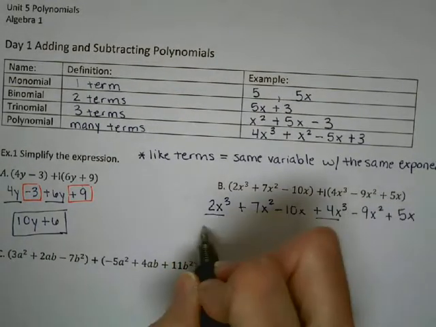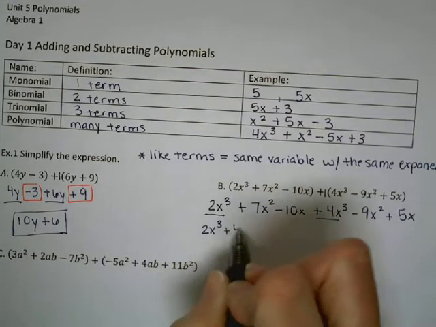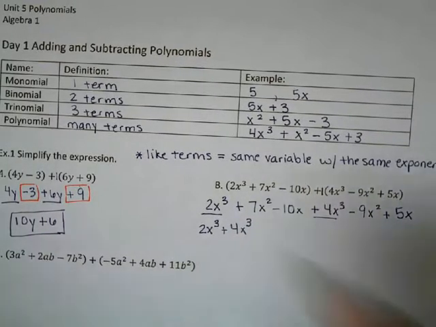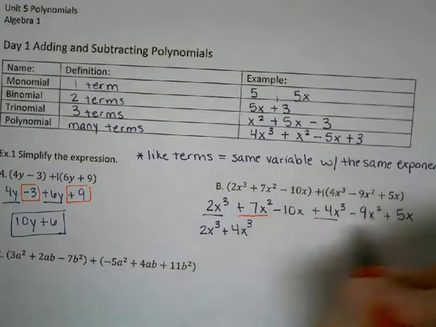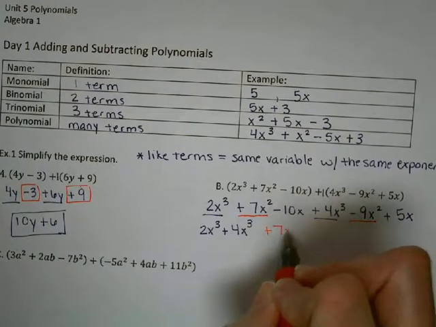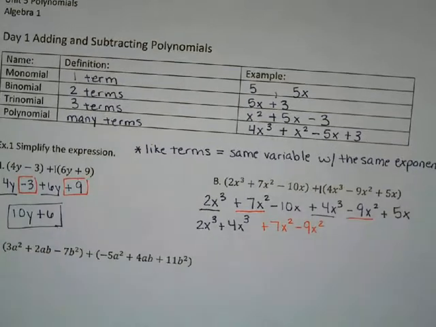So you could regroup it and say 2x to the third plus the 4x to the third. Those ones need to go together. And then you could go, okay, well, the x squared needs to go with this x squared. So we're going to do plus. So you're going to kind of put the terms that go together next to each other and then simplify.